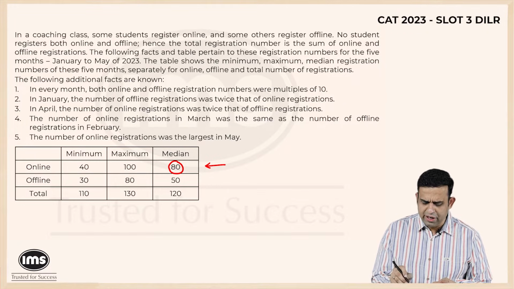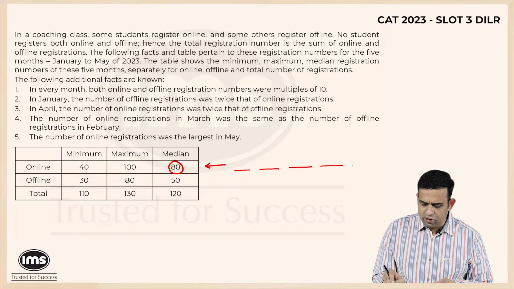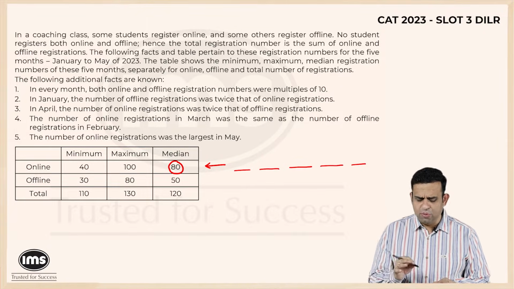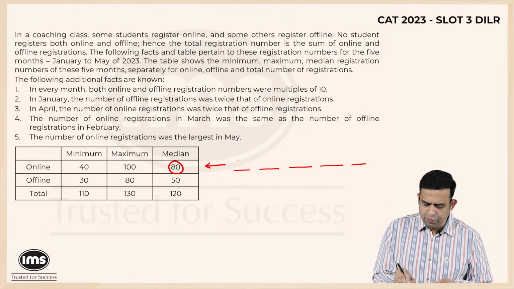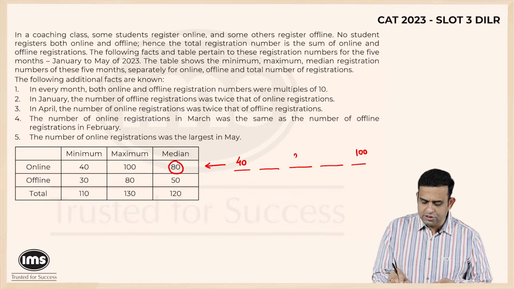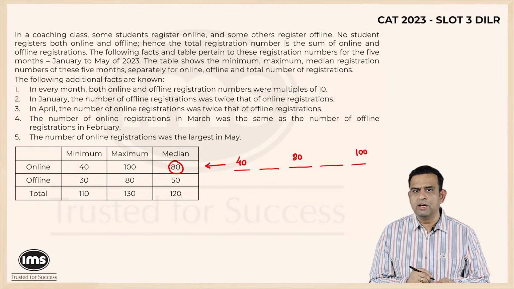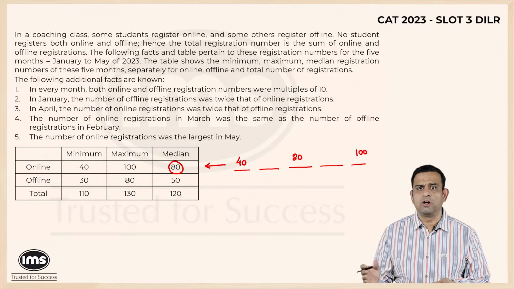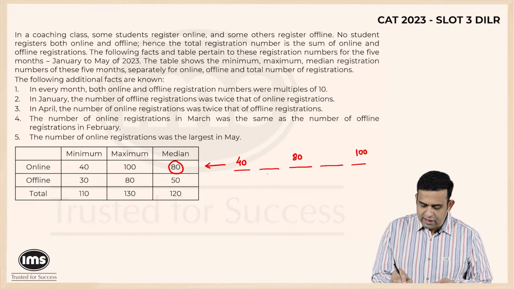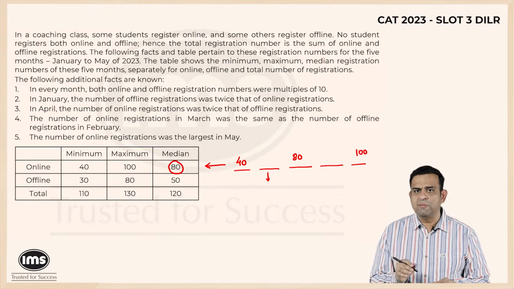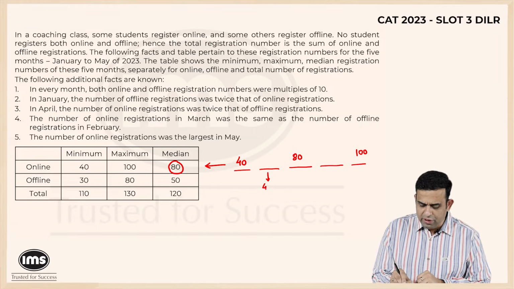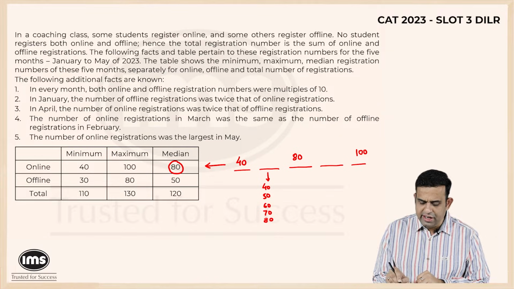To explain this, suppose for the 5 months, January, February and so on, the smallest of them for the online one needs to be 40. The largest needs to be 100 and the third largest needs to be 80 when the data is sorted. Now the value of this one can say is more than or equal to 40 and less than or equal to 80, so this place could be 40, 50, 60, 70 or 80.